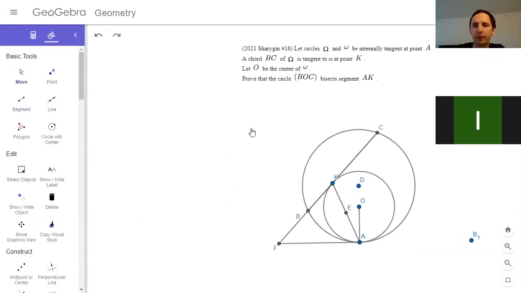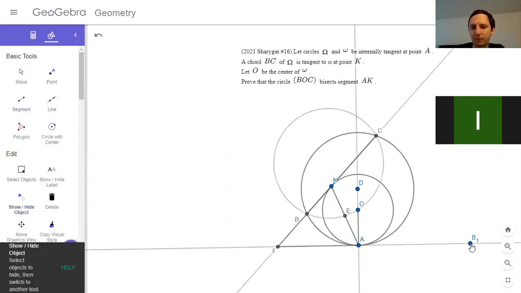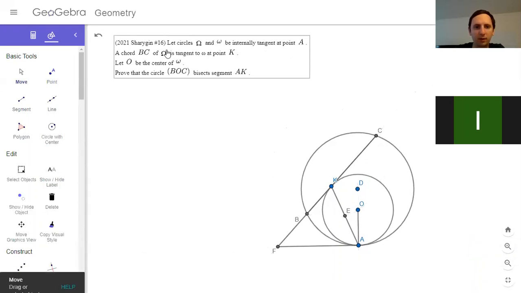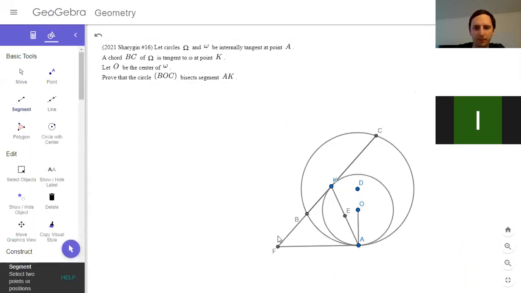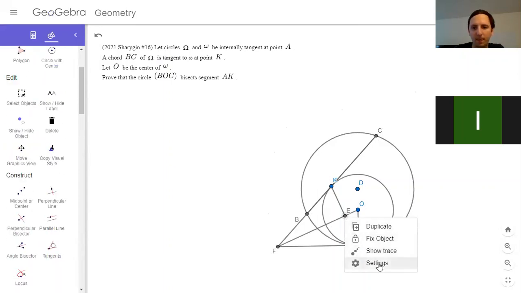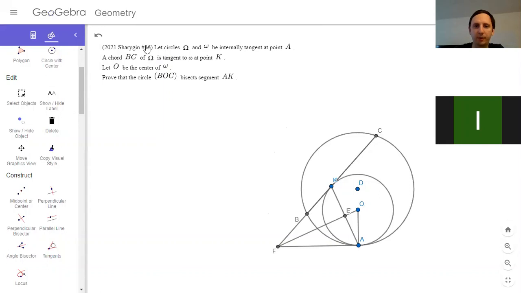So I'm going to start just writing up the solution here. So let me call that E prime. So yeah, it's not super hard, even though it's number 16.